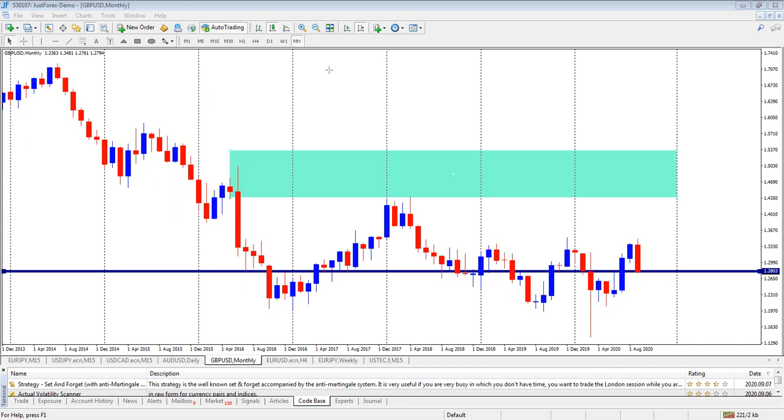When drawing a supply zone, include at least one bullish candle in the zone as a basing candle. Out of this whole move from here to here, when you draw your zone, include at least one bullish candle. That's how you draw your zones or your basing candle.